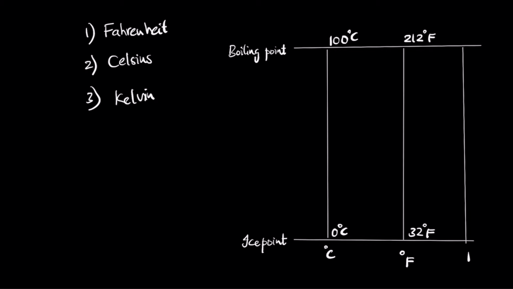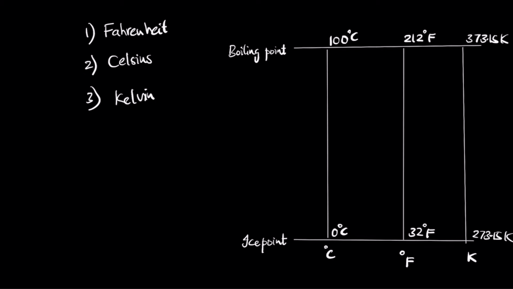Finally, on the Kelvin scale, the ice point is 273.15 Kelvin and the boiling point is 373.15 Kelvin. So these are the 3 scales and the 3 points by which we can distinguish them.